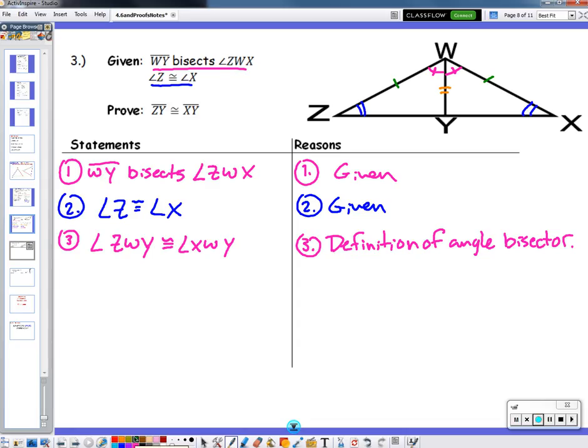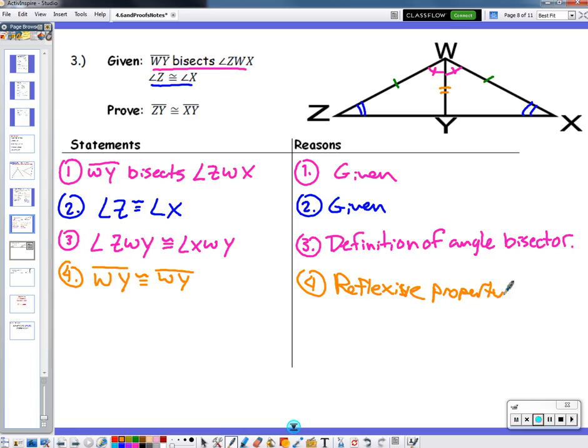Okay? For me, I like using the reflexive property because it's just an easier property to find. Okay?